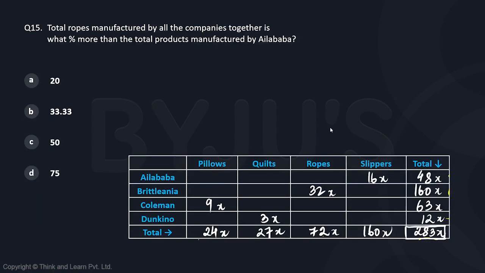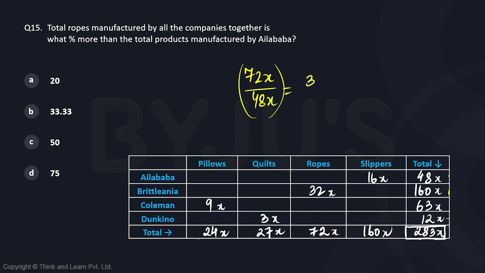Question number 15. Total ropes manufactured by all the companies together, which is 72x, is what percentage more than the total products manufactured by Ayla Baba? It is going to be 48x. So if you want to see the multiplying factor, 72 upon 48, they both are in the table of 24.